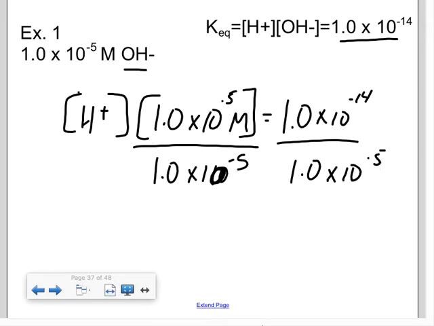You're going to need a calculator for today's lesson. So 1.0 times 10 to the negative 14 divided by 1.0 times 10 to the negative 5. Sorry, I typed it in wrong on my calculator. It equals 1 times 10 to the negative 9.